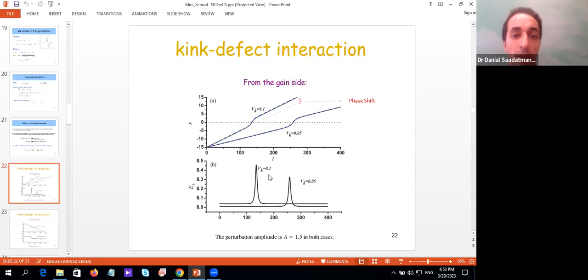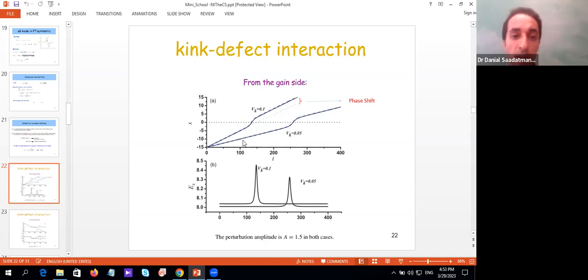Here, I have shown the time evolution of the kink during interaction with the PT symmetry defect. In the top figure, when the kink comes from the gain side, as you can see, it is first accelerated and then decelerated. But the final velocity of the kink after interaction is almost the same as the velocity before the interaction. The figure shows two different results for different initial values.